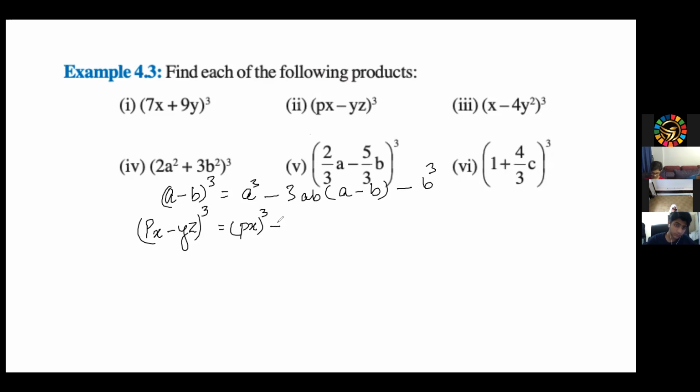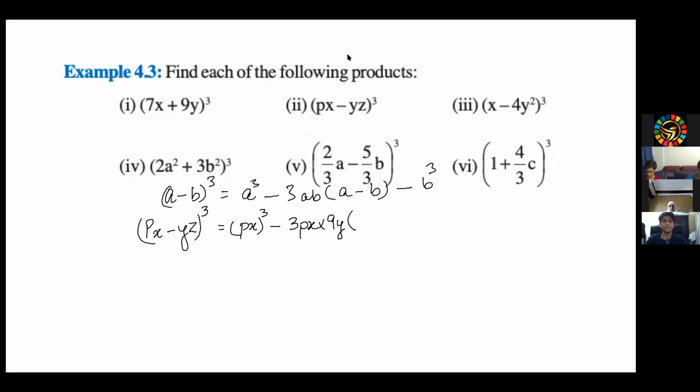px cube minus 3, sorry, AB I'm writing. A is px. What is B? B is 9y. Then you will, oh, 9.